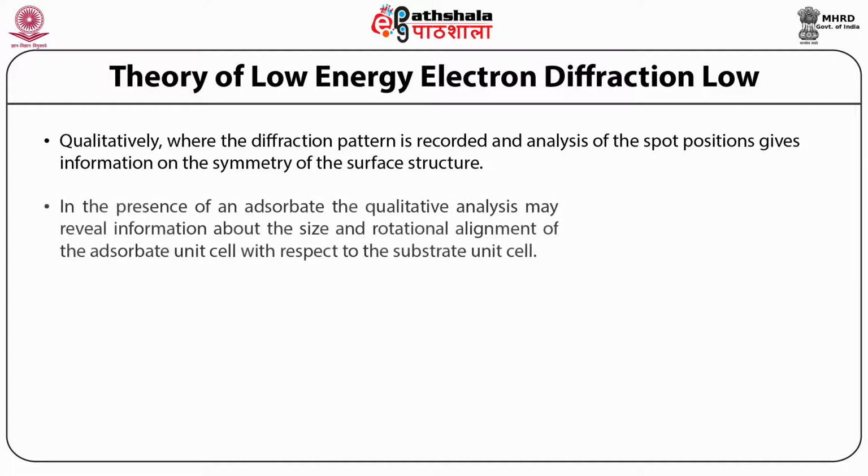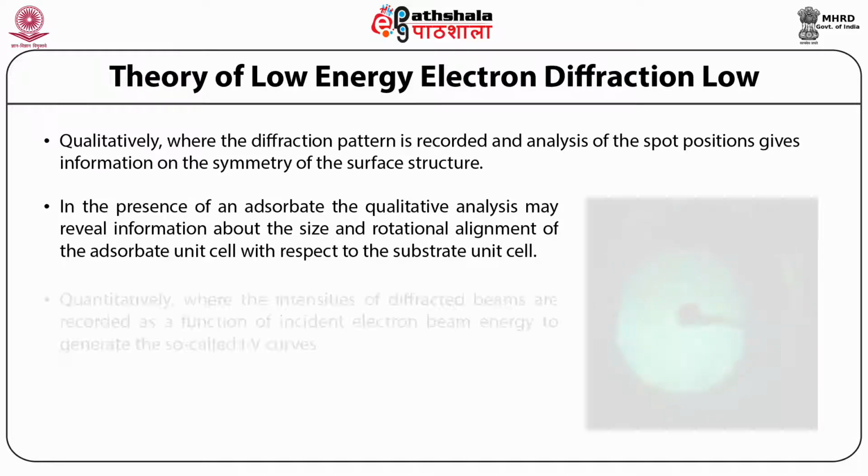Here, in the presence of an adsorbate, the qualitative analysis may reveal information about the size and rotational alignments of the adsorbate unit cell with respect to the substrate unit cell.